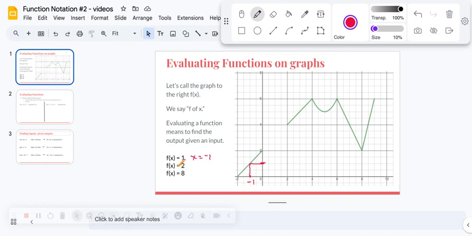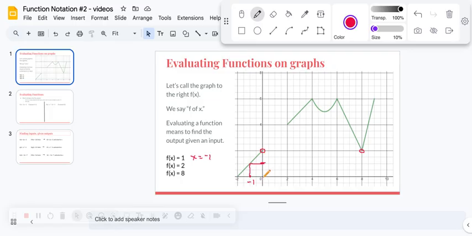Let's try this one. This notation means f of x equals 2, meaning I need an output of 2. So when I look at this graph, right here on the y-axis, I see an output of 2 right here, and I also see an output of 2 over here. So we can look at it and now answer the question. Give us the value of x that will give us the output of 2.